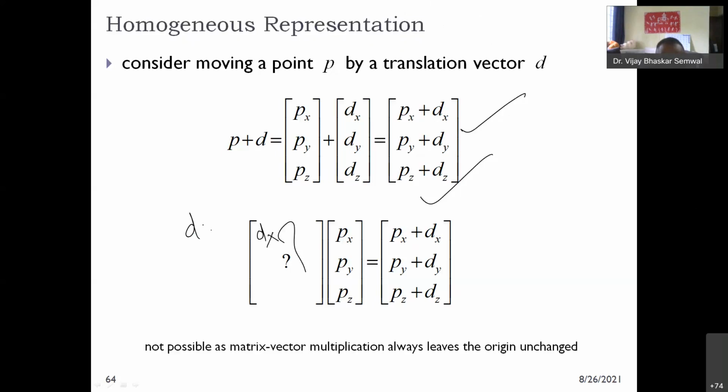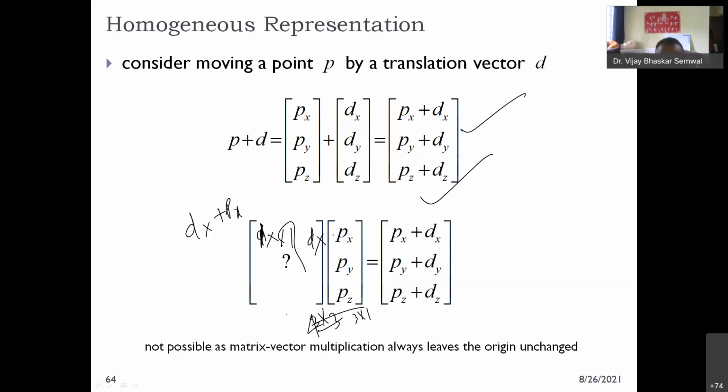I want dx plus px, so here you will multiply by 1, 1, 1. Can I take a 4 cross 3 matrix or a 3 cross 4 matrix? I can take a 4 cross 3 matrix and a 3 cross 1 matrix, but I want a 3 cross 1 result, so I need a 3 cross 3 matrix.